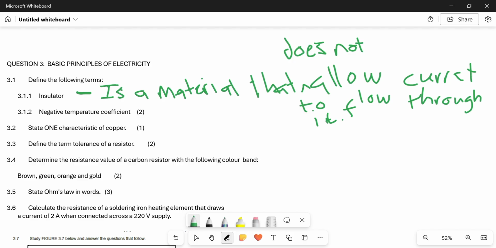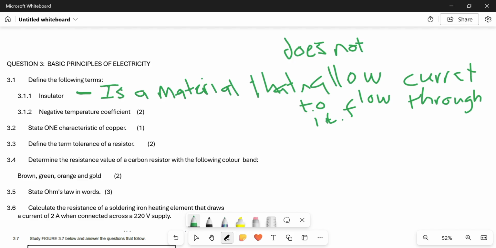It's in the name actually. So you can just put it like how I said it. Temperature coefficient is the number that shows how much an electrical component, like a resistor, changes when the temperature changes. So we have a positive coefficient and a negative coefficient.